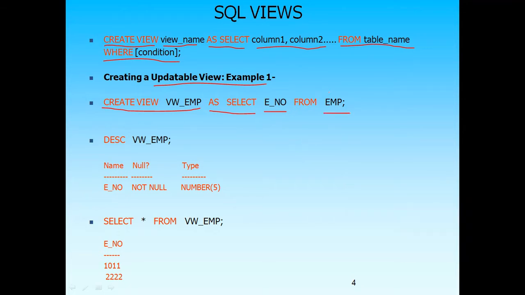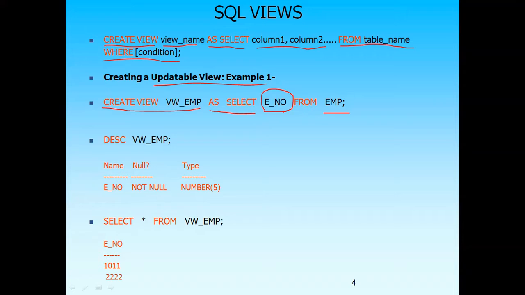This employee table is actually the base table. From this base table, I want to select only employee number in my view, right? This is the simple example that we are discussing here, that's why only one attribute is taken in the view. With that attribute we will discuss how we can perform operations with this view, right?